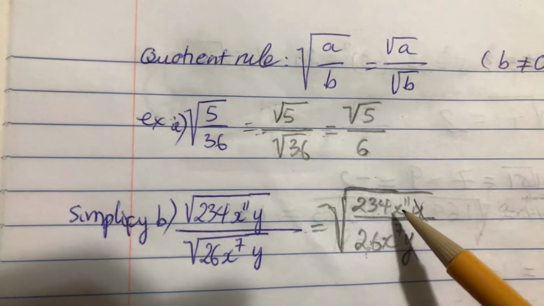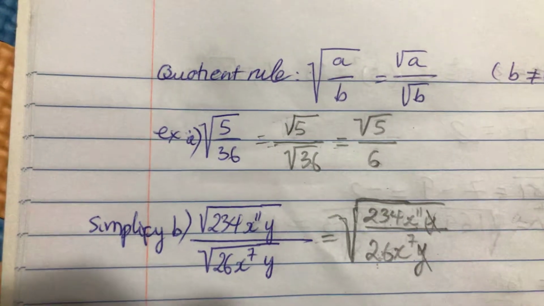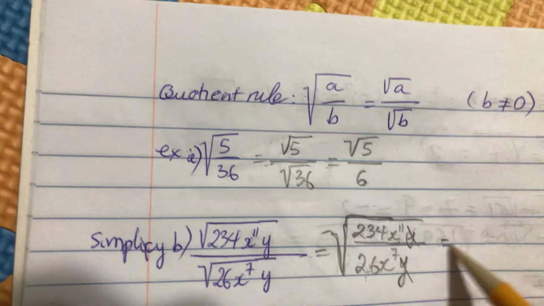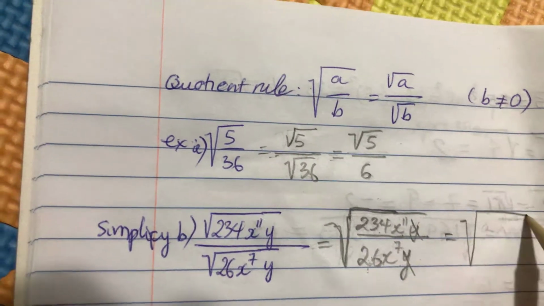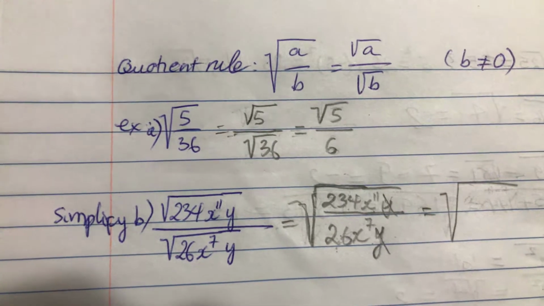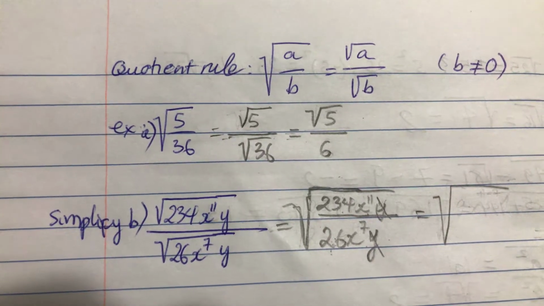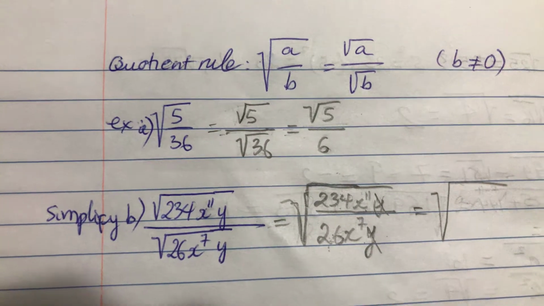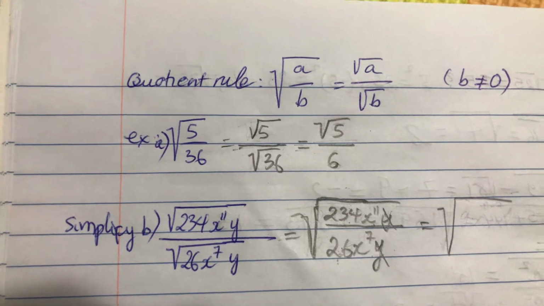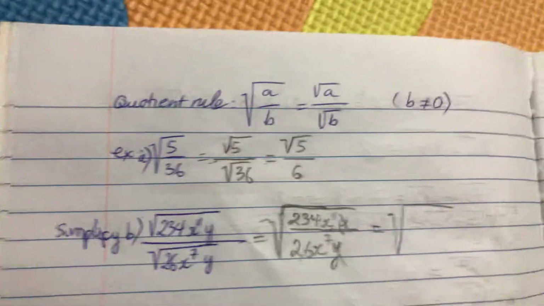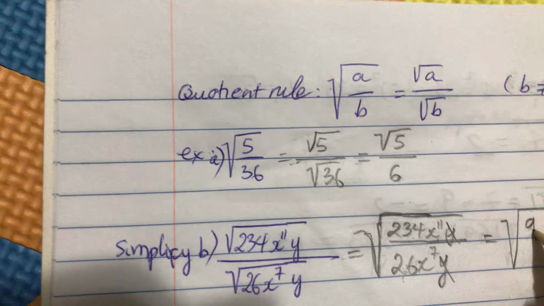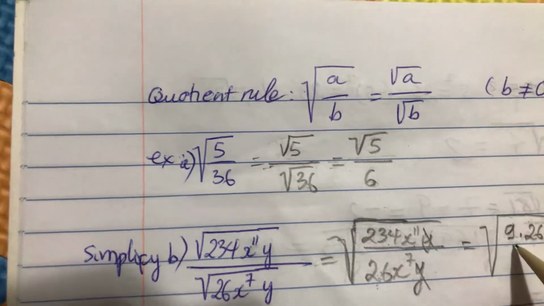So let's try. I have 234, which equals 9 times 26. So this becomes 9 times 26.